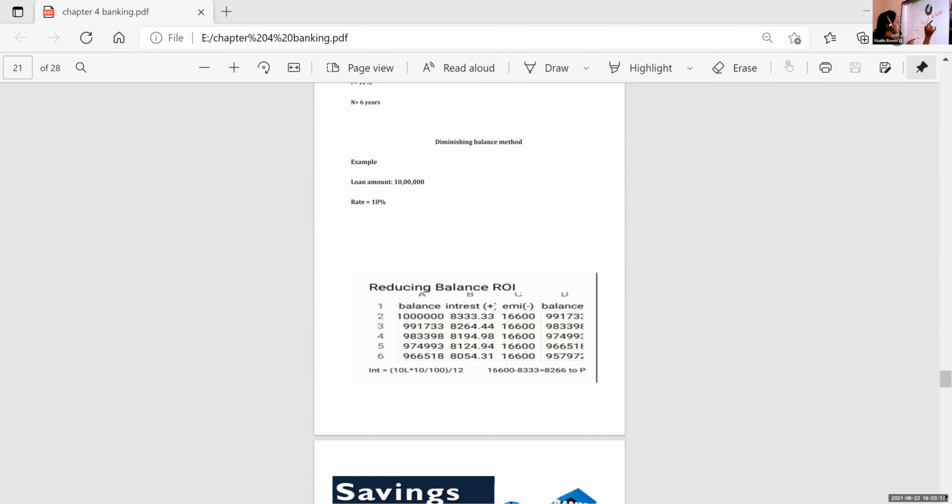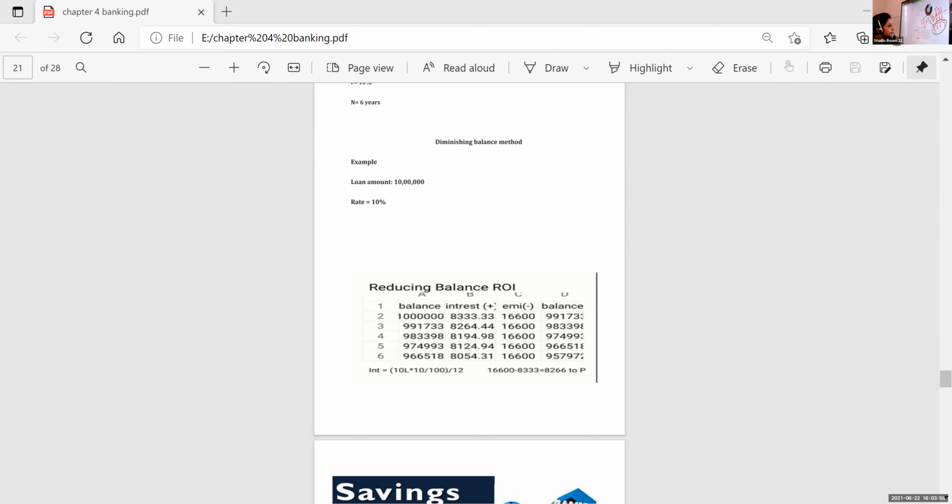We know the interest, so when interest is reduced from this amount, we get the portion that belongs to the principal. 8,267 belongs to principal. 8,333 is for interest. 8,267 is for principal.